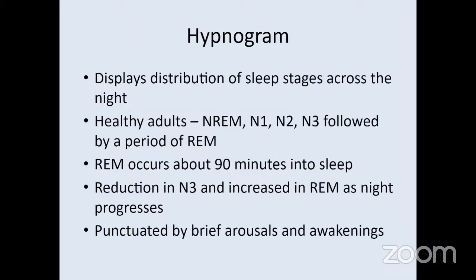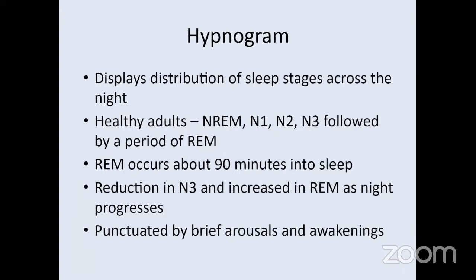And maybe in a subset of patients we are going to perform a hypnogram. It displays a distribution of sleep stages across the night. Healthy adults' sleep pattern includes starting with the non-REM sleep, which constitutes stages 1, 2, 3, and 4, followed by a period of REM sleep.